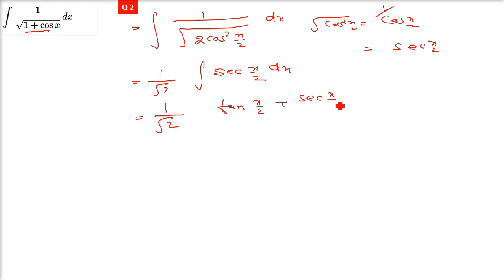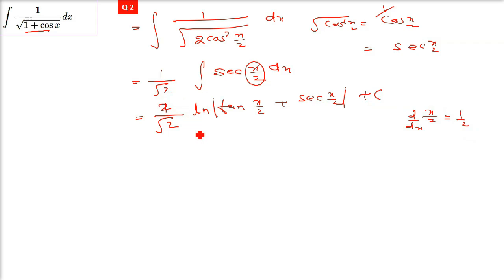We have this inside ln, which is log base e, covered by the modulus, plus constant of integration. But one more thing is remaining, because x by 2 is there. There is an algebraic expression; you have to differentiate it and the result needs to be divided. The derivative of x by 2 is 1 by 2. 1 by 2 has to be in the denominator. So 2 goes up. So 2 by under root 2.